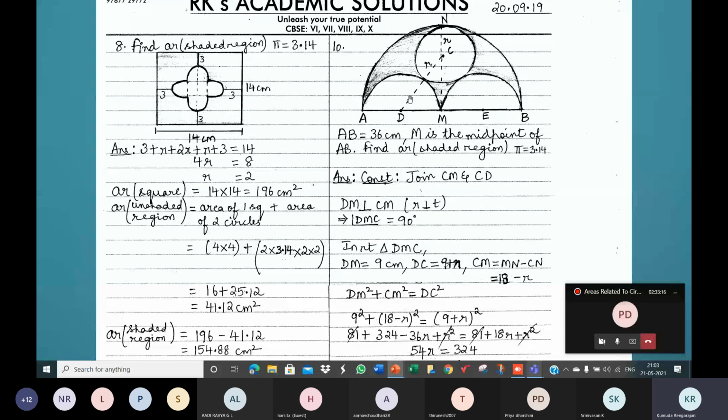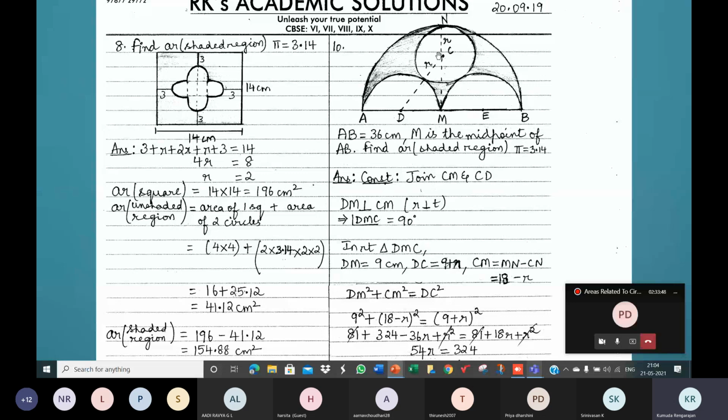For the semicircle, this line segment is a radius, so since DM is 9, this is also the radius 9. Yes or no, children? DC is 9 plus R. From here to here is 9, and this is R.